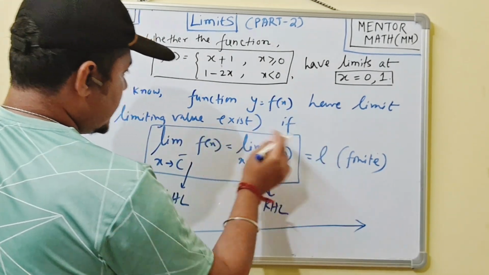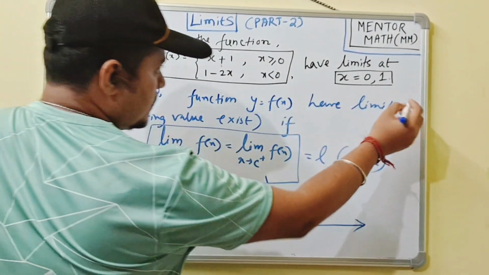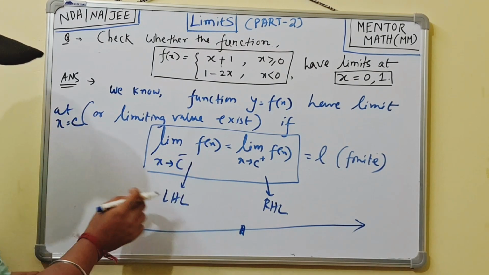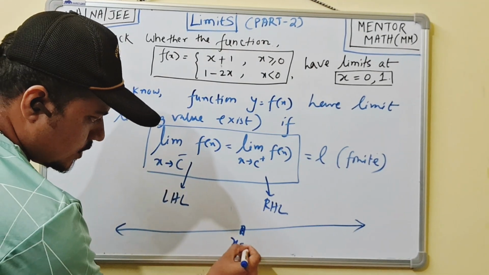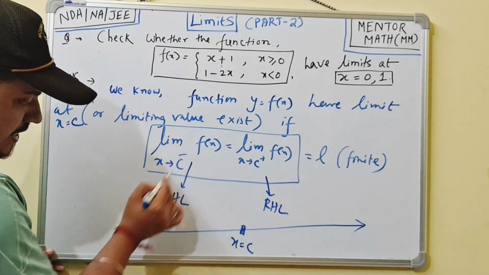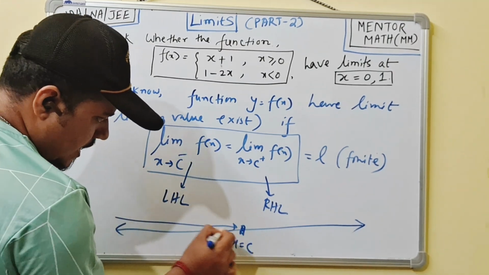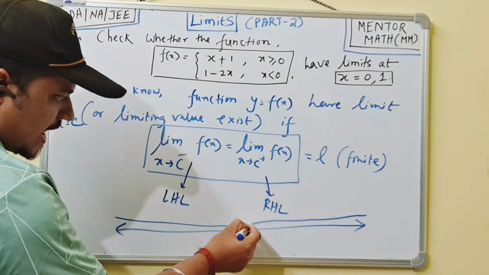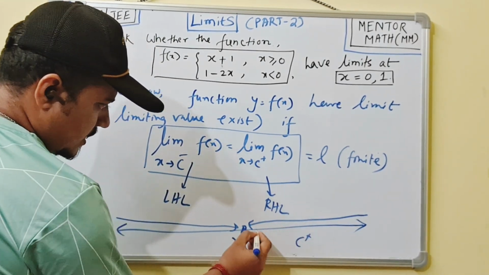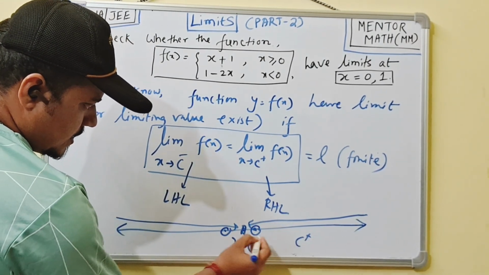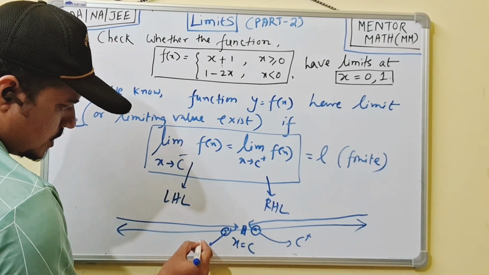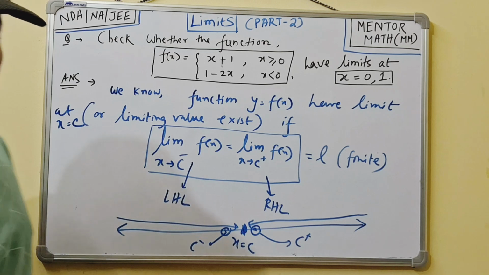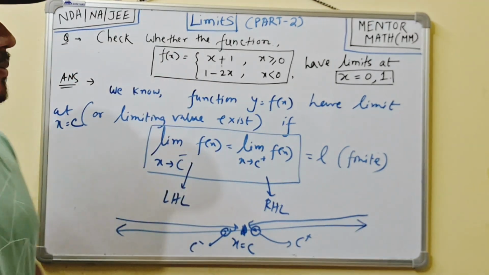If f(x) has a limiting value at x = c, then c minus comes from the left side, that is x negative, and c plus comes from the right side, that means x positive. Last class we already discussed this: this is c plus, this is c minus, and this is the particular point x = c. So this is the definition of the limiting value.